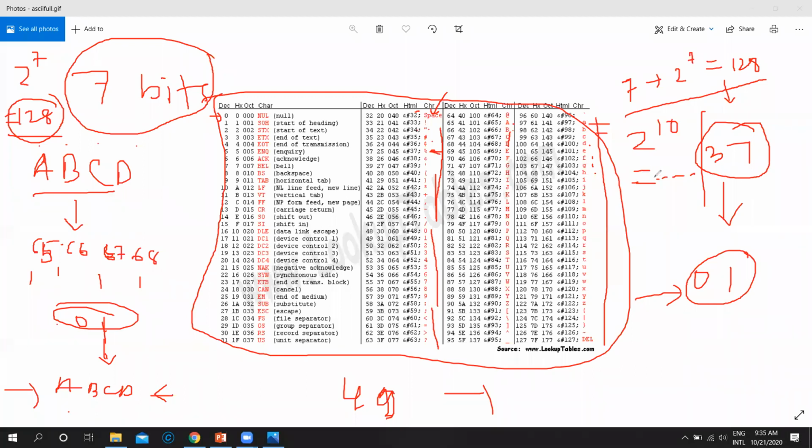If an encoding system can store 16 bits, we can store more characters or numbers. If it can store 32 bits, then it can store a huge number. Did you get the idea why we need another encoding system?